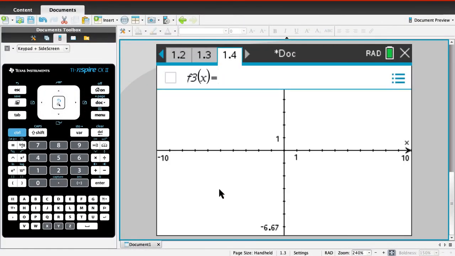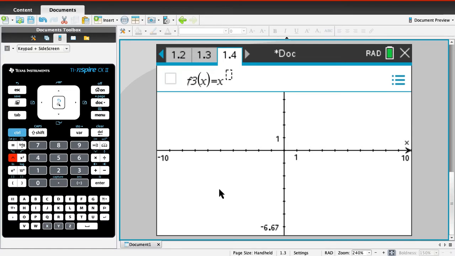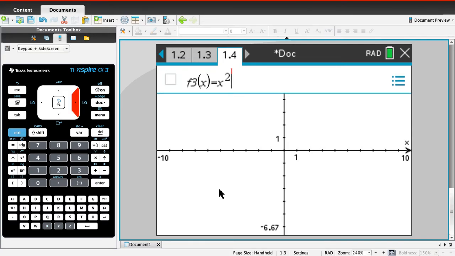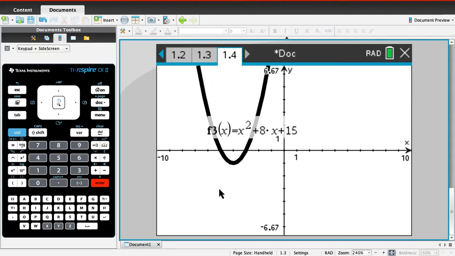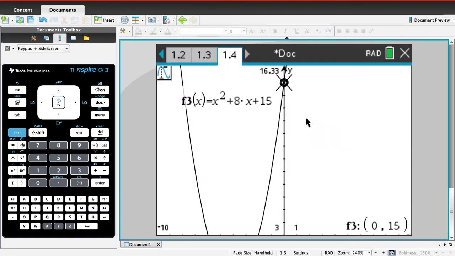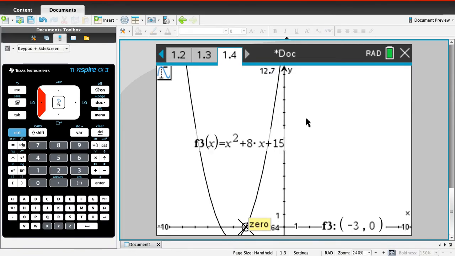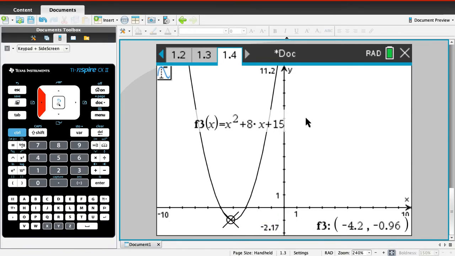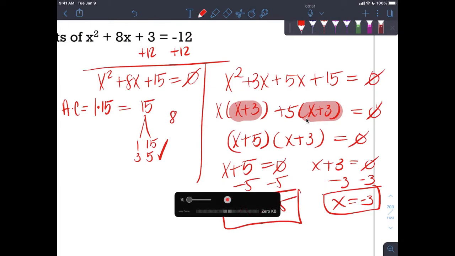Let's go ahead and open up a new graph, and I'll do a graph trace. So I'm going to head on down to that 0, negative 3, just like we predicted, negative 5, just like we predicted. We got this one right. So let's go ahead and move on to the next one.